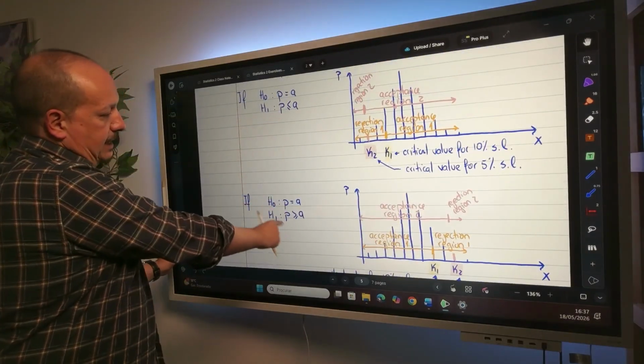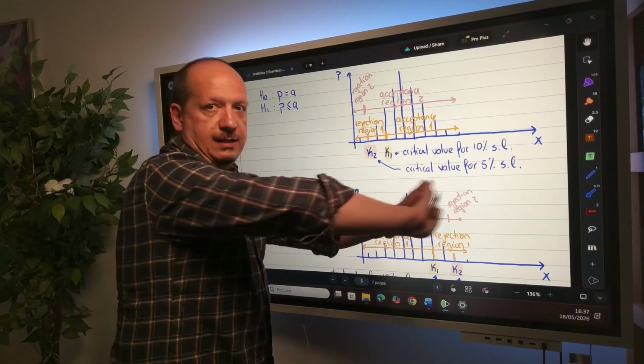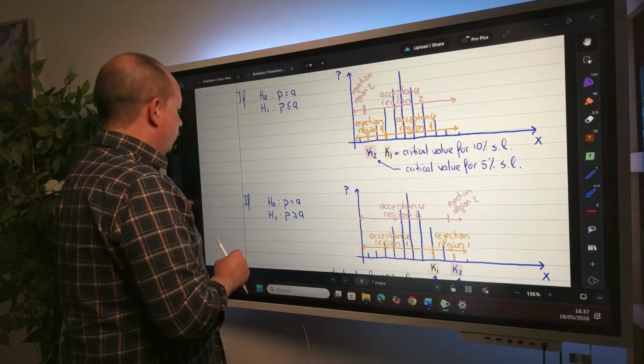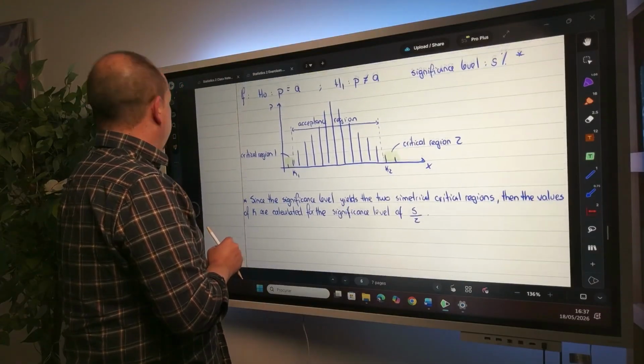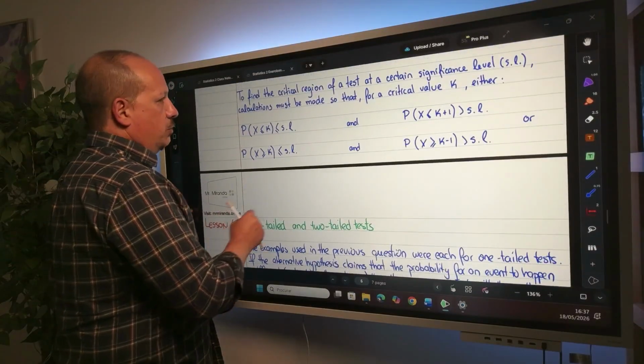If you are making a test of this type, where the values of k lie on the end side of the probability distribution, then the situation is the other way around. It's going to be this over here.